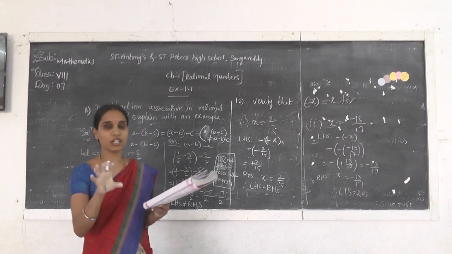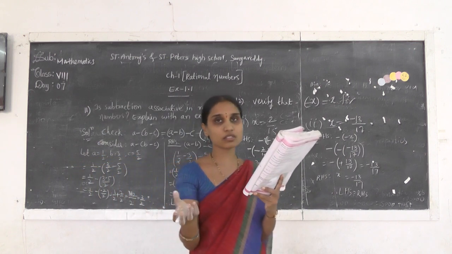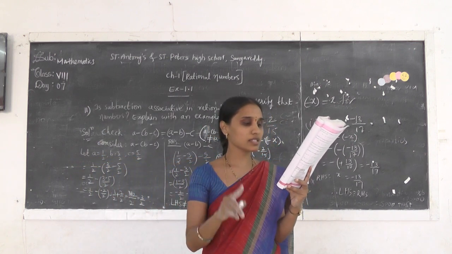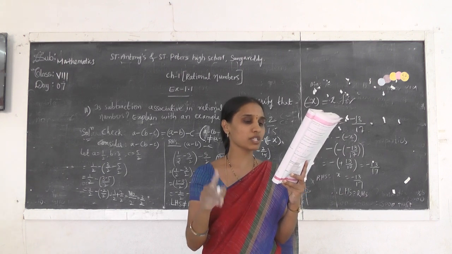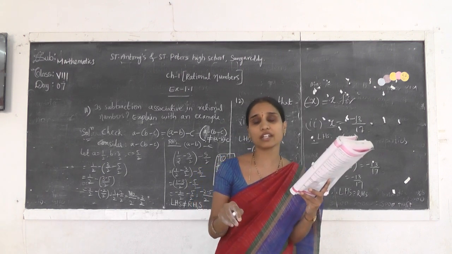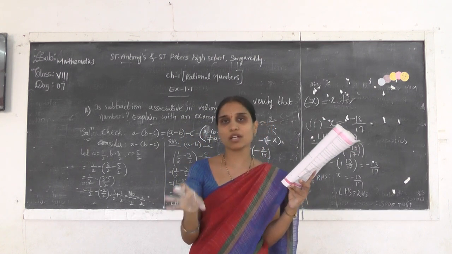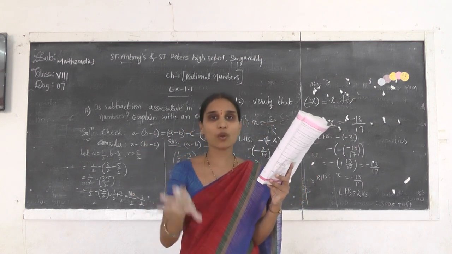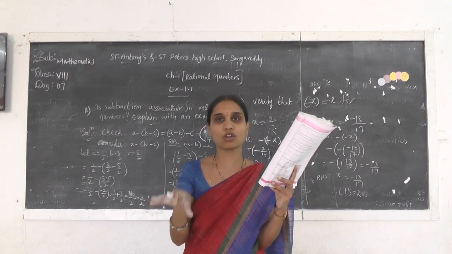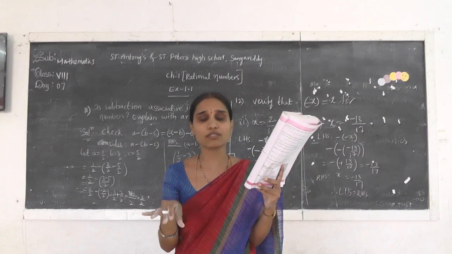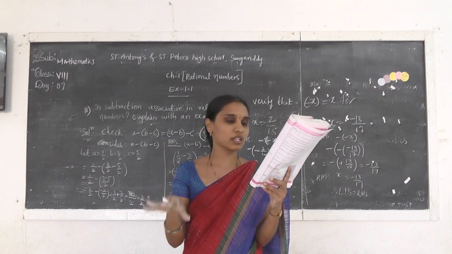13th question, I will read this question and explain the solution. Write the set of natural numbers which do not have any additive identity. What is additive identity actually? When you add 0 to any number, the answer is the number itself. So what is the set of numbers which do not have 0?